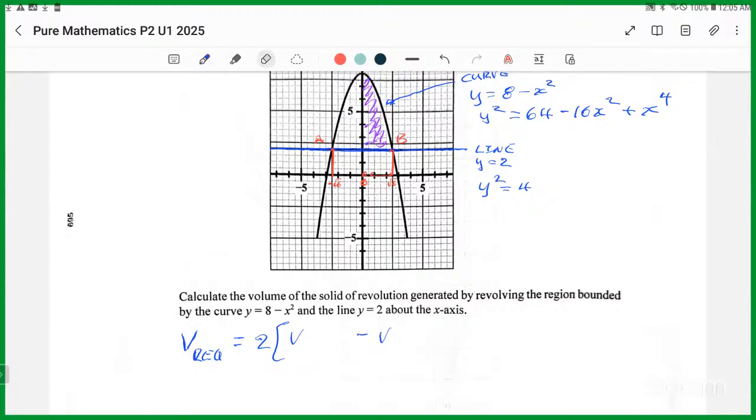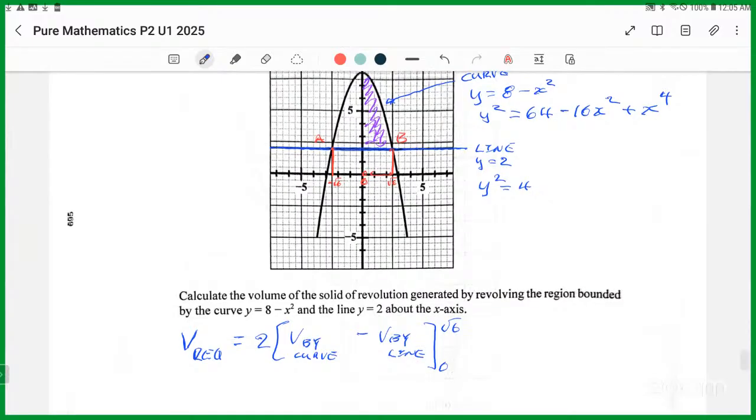The curve will give a bigger volume, minus the volume by the line. We're talking between 0 and root 6.